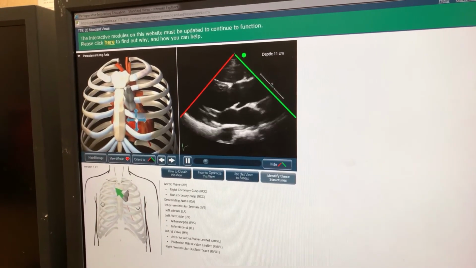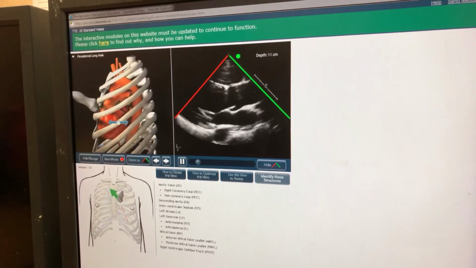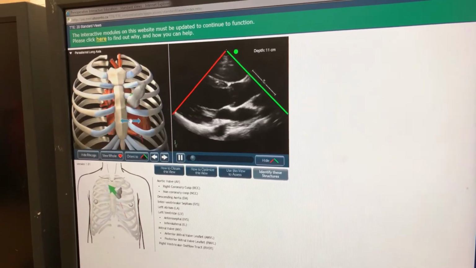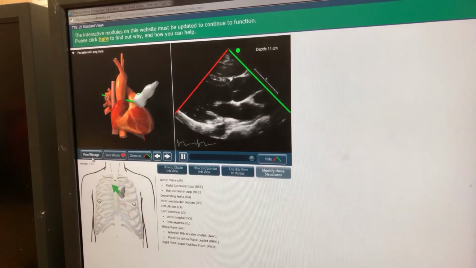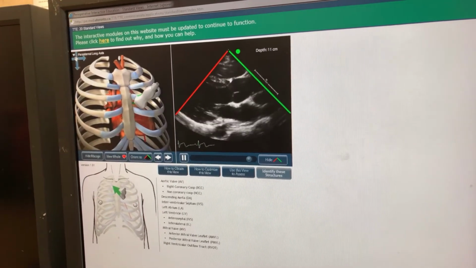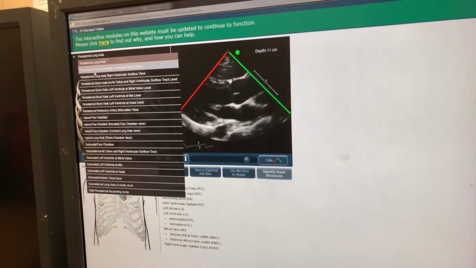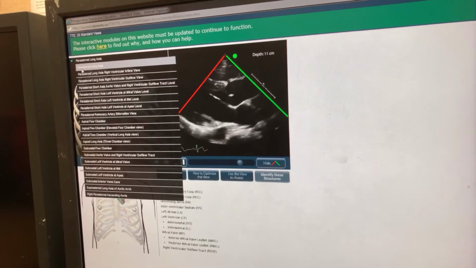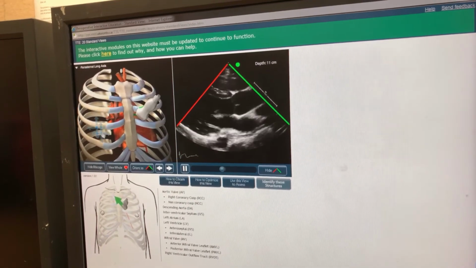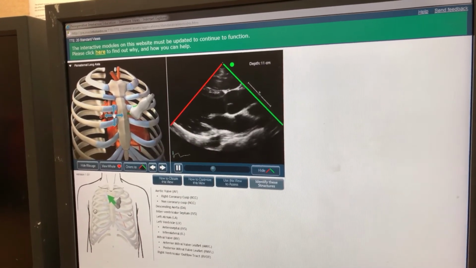I find this a very useful tool, and we can do that for all views. We can rotate around, look at the slice, remove the rib cage, and look at any views that we choose, which will also show where the heart is anatomically located in relation to where our probe is.